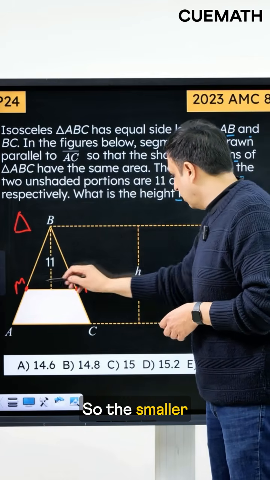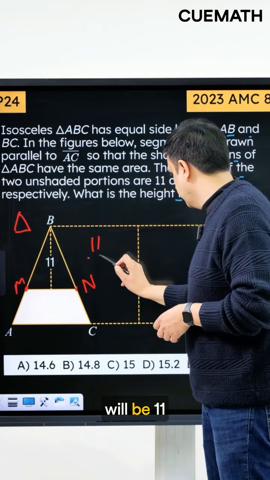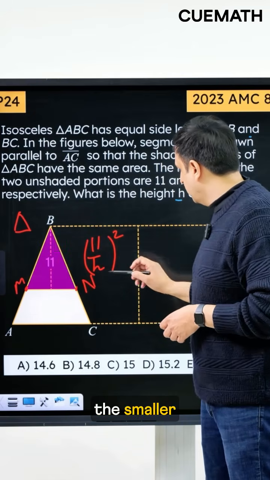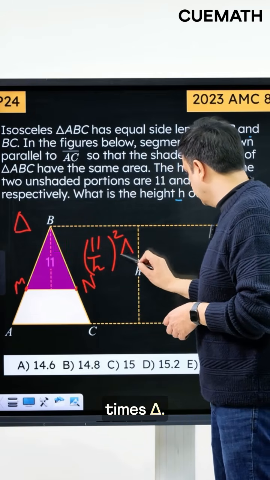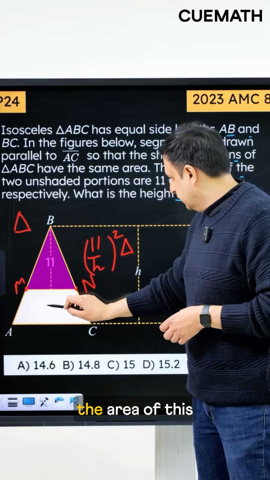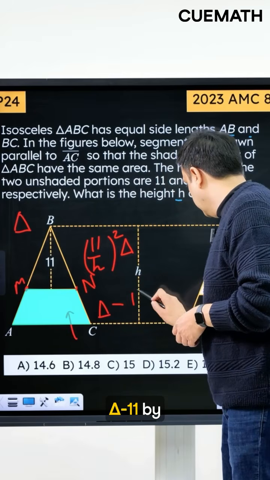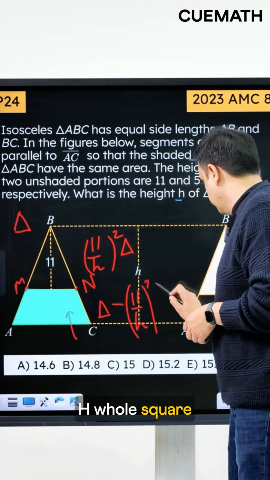So the smaller triangle to the larger triangle, the ratio of areas will be (11 by h) whole square, which means that the area of the smaller triangle is (11 by h) whole square times delta, and therefore the area of this shaded region is delta minus (11 by h) whole square delta.